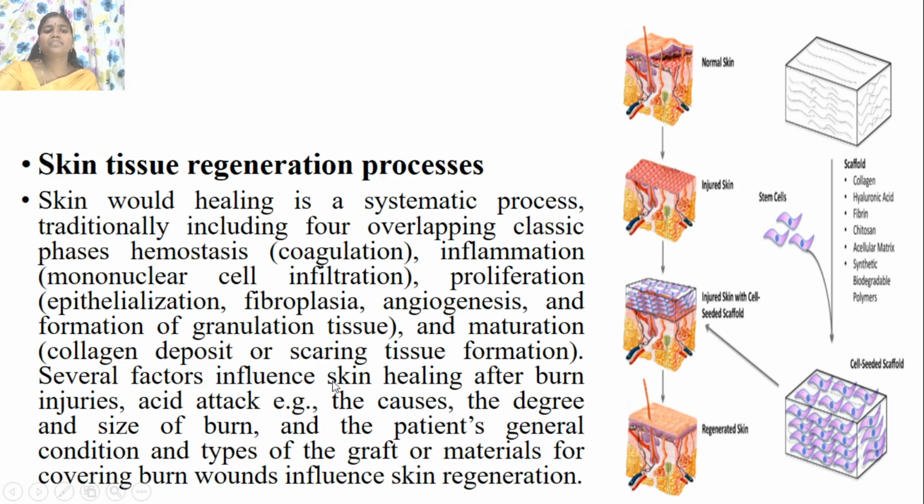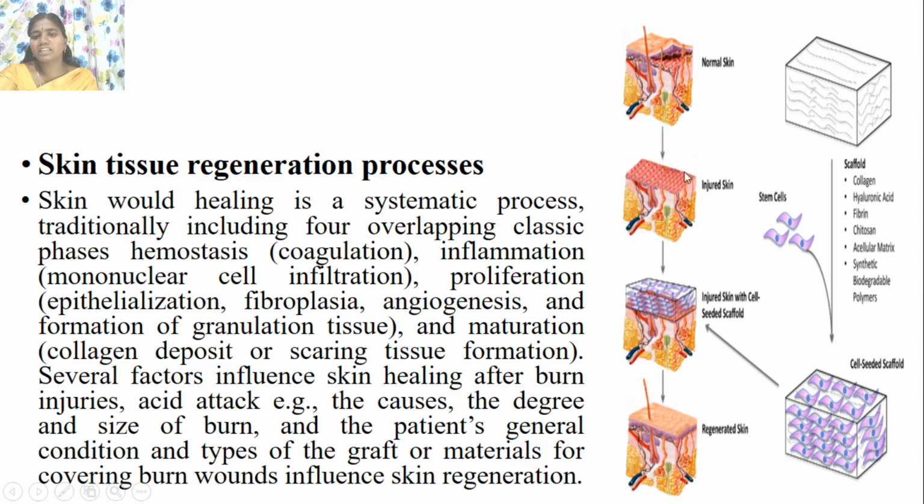Several factors influence skin healing after burn injuries and acid attack. For example, the cause, the degree and size of the burn, the patient's general condition, and the types of graft and materials for covering the burn wounds influence skin regeneration.